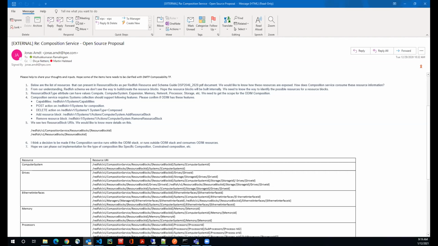So one thing I just want to throw out on the table, right? One of the issues is that, in essence, a composition service is a factory. It's a way of dynamically building something out of smaller piece parts. But once it's built, it ought to be treated from a manageability perspective exactly the same way as a bunch of pre-built systems that have already been hard-coded or composed at the factories.